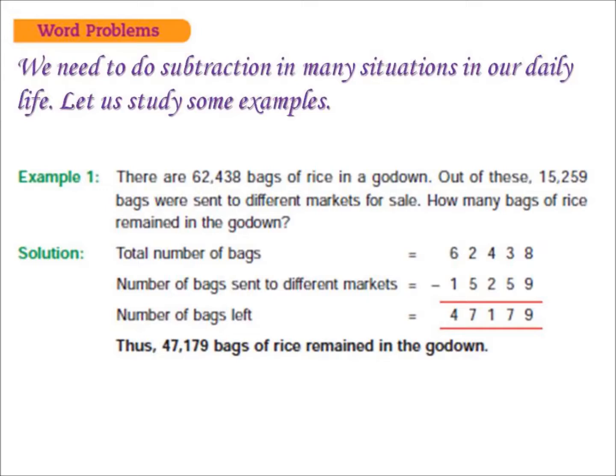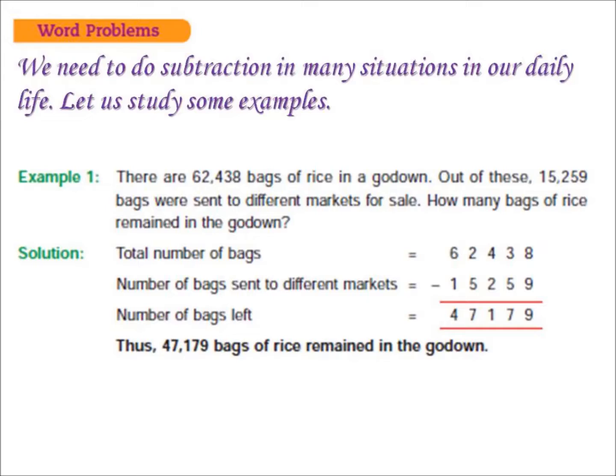Now, the question is, there are 62,438 bags of rice in a godown. Out of these, 15,259 bags were sent to different markets for sale. How many bags of rice remained in the godown? This is subtraction and solution.